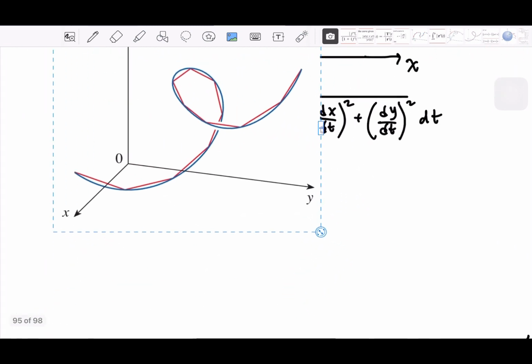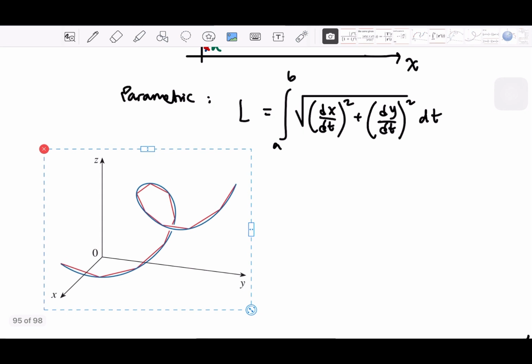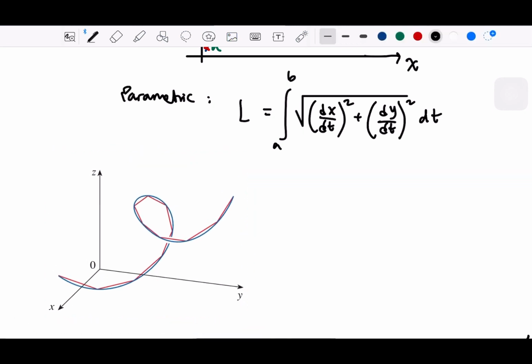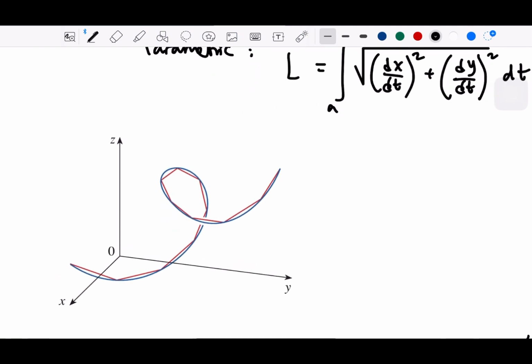This is an illustration of how to measure the curve. Let's say we have the blue curve, and we approach it with this red line.